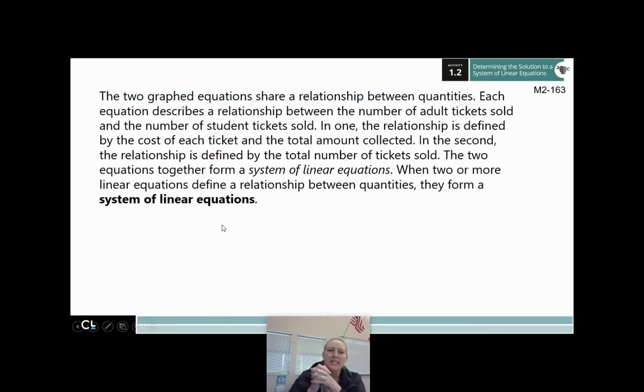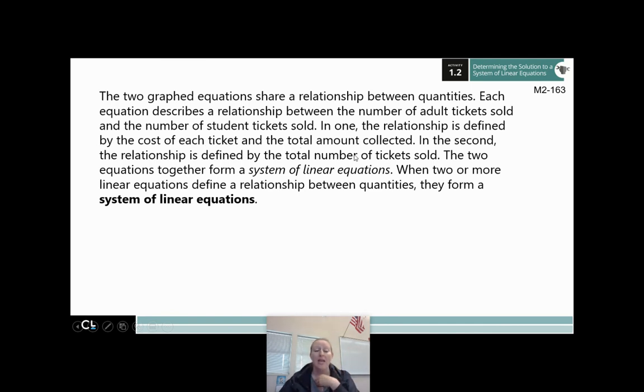So what we've done here is something very special. The two graphed equations share a relationship between quantities, right? There's a relationship between the number of student tickets sold and the number of adult tickets sold. So when we graph the two equations, we're describing the relationship of each. In one of them, that relationship was defined by the cost of each ticket and the total amount that we were collecting.